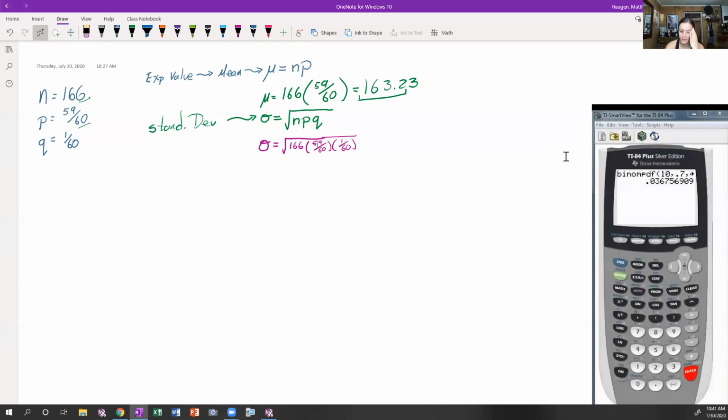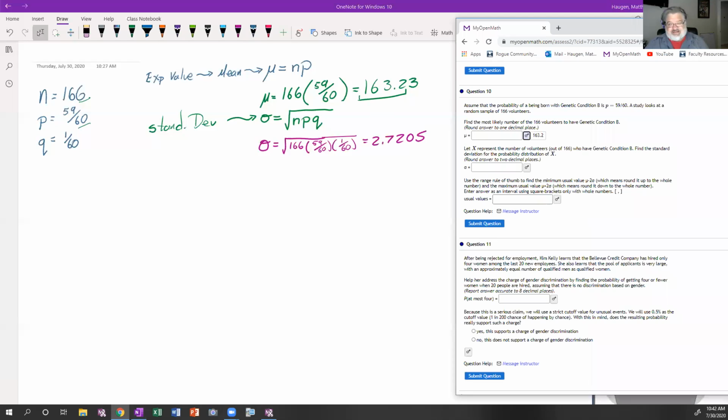The answer is 2.7205. Yeah. It seems reasonable. I mean, if you told me that number was 107, I'd be like, it seems like a lot. But 2.7, that seems reasonable. Is that after square rooting it? Because I got a different number after square rooting it.